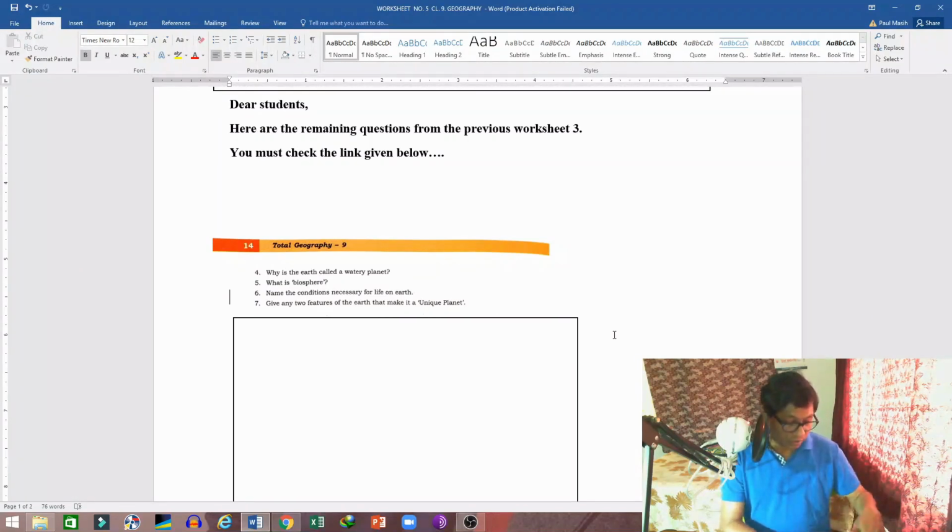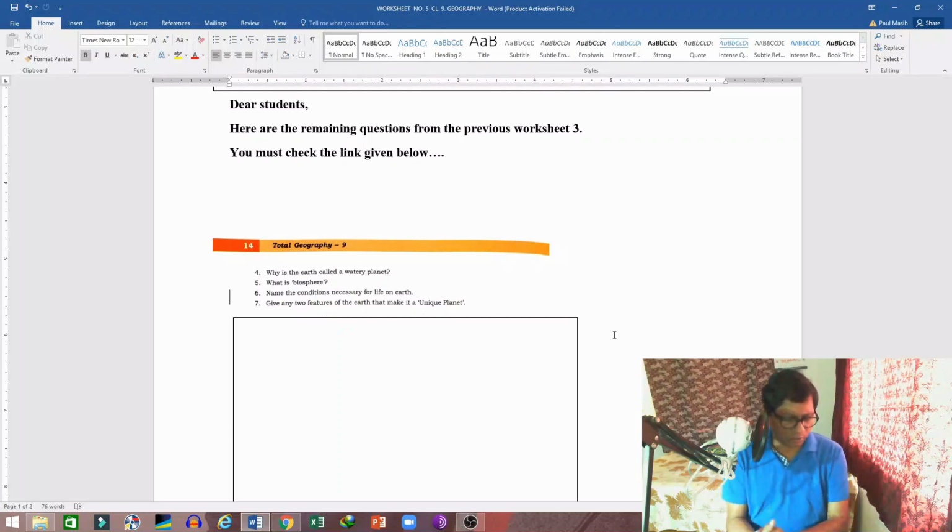You can just check with that page number. I'm just quoting this answer from page number 10. The very first column and very first paragraph has given you this answer. So give any 2 features of the earth that make it a unique planet. So you can say number 1 feature. Now I'm not going to ask you to give all the features.